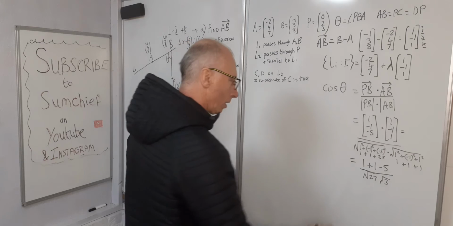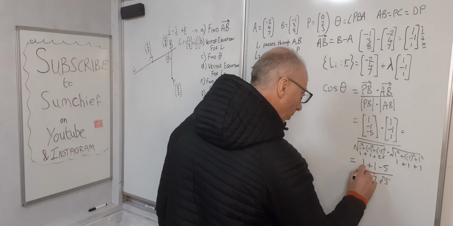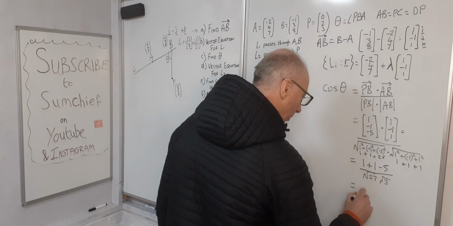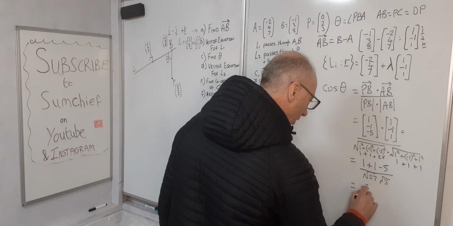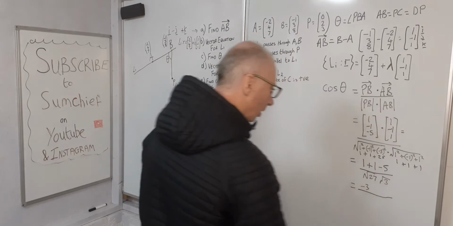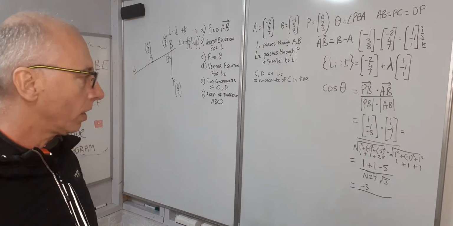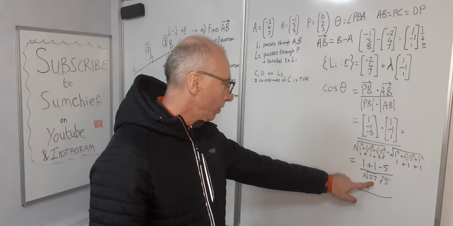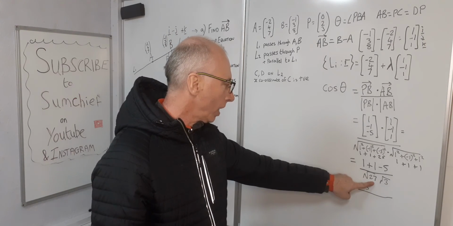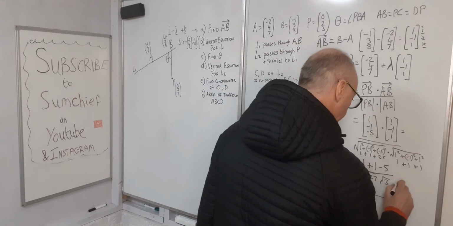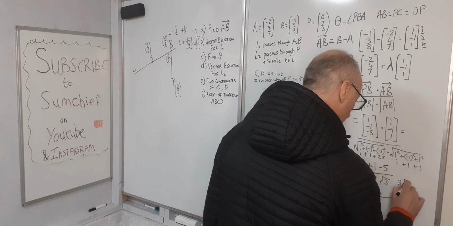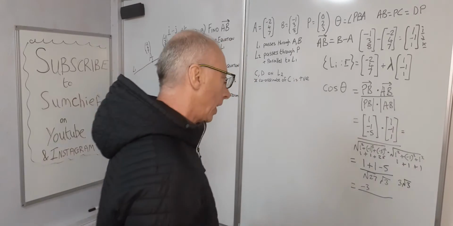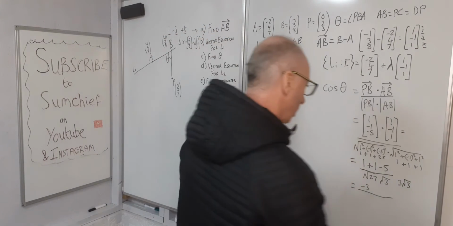Now 1 plus 1 is 2, and minus 5 is minus 3. Then 27 as a root, we could say that is 3 root 3, and root 3 here.